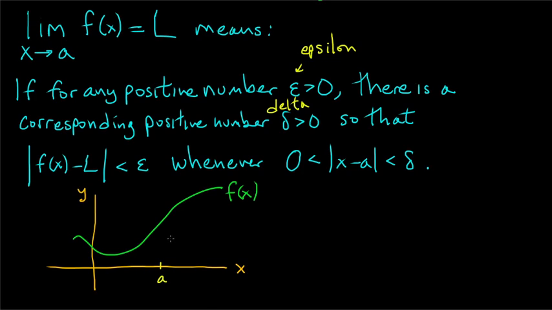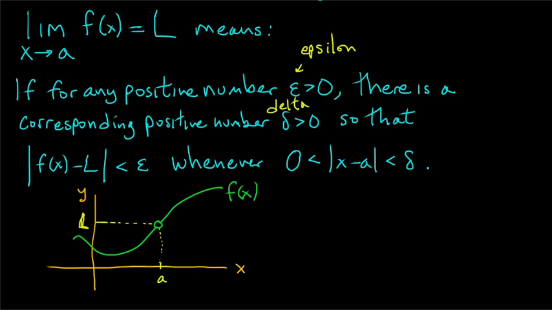That's my a, and L is going to be the corresponding y value here. This function is continuous, so of course f of a is equal to L, but it doesn't have to be. In fact, if you want to put a little hole here, that's fine too, because that doesn't affect the limit.